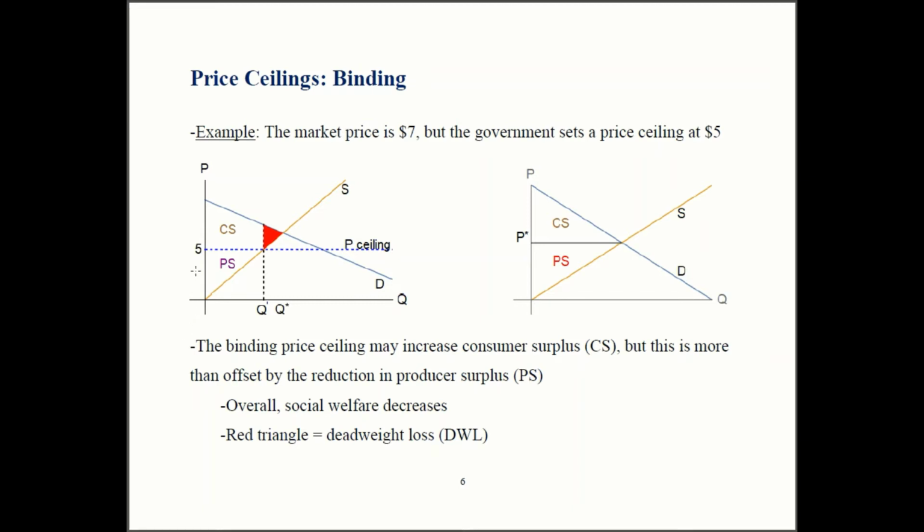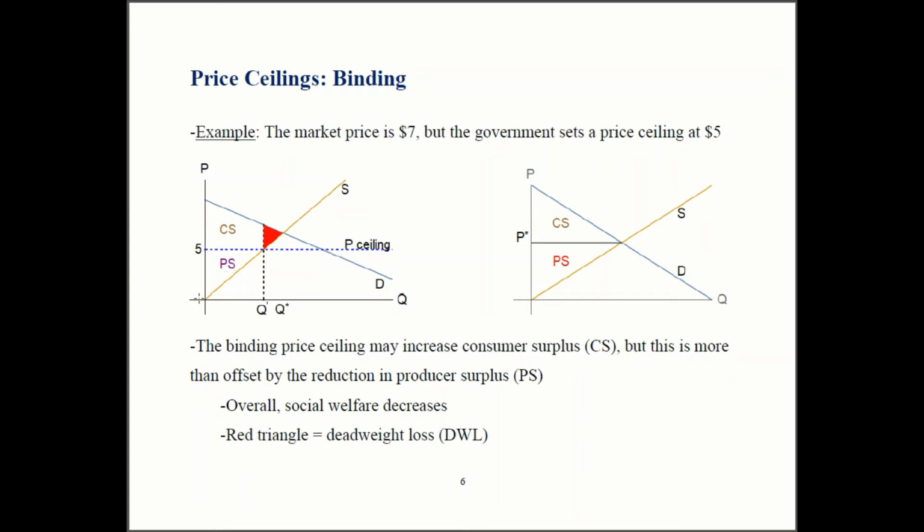Producer surplus is going to shrink. That's because you've lowered the height of this triangle. So back here, we see the triangle's height goes up to the market price, P star. That would be up here. So instead of going from here to here, now we're just going from here to there. So we've lowered the height of the producer surplus triangle.